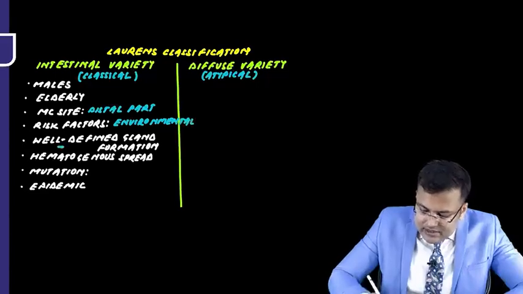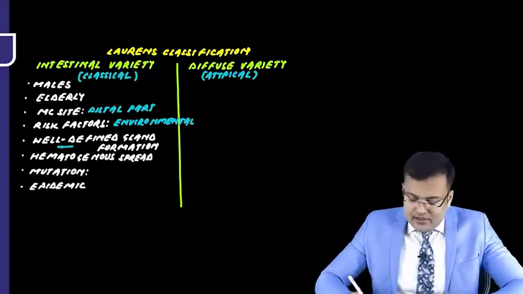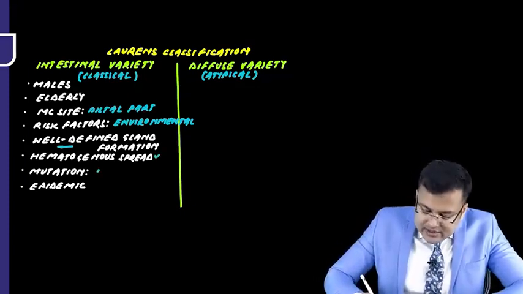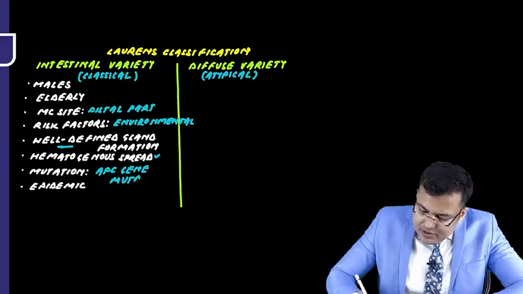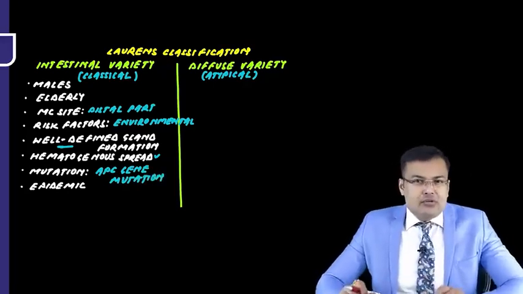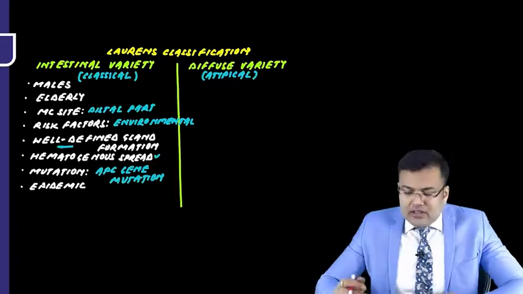Clear? In this case, there is well-defined gland formation and there is hematogenous spread. What is the gene mutation? Here, there is APC gene mutation. In intestinal variety, there is APC gene mutation and it is epidemic, means it is scattered throughout the world. Epidemic.